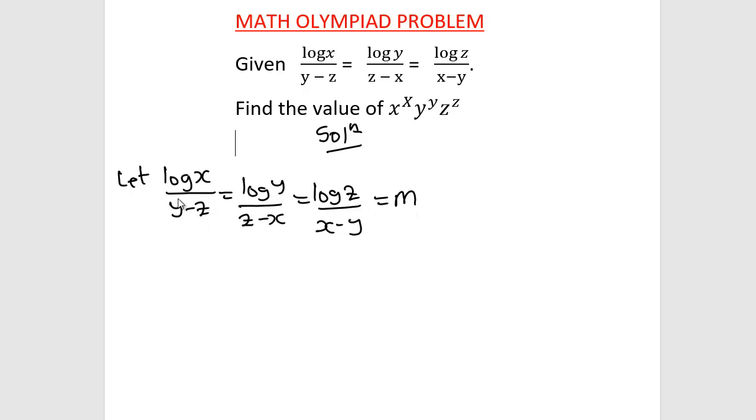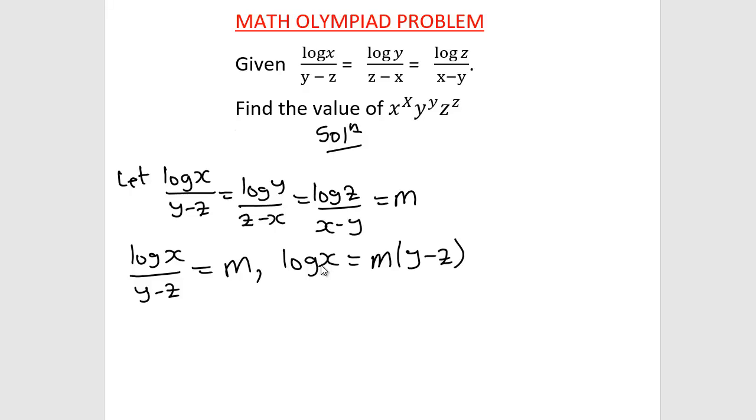So let's start with the first term. We are going to have log of x over y minus z equal to m. Now we multiply through by the denominator so that the fraction will go away. So we are going to have x log of x is equal to m into y minus z.